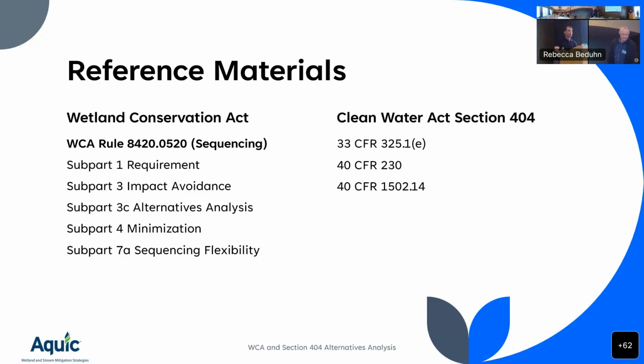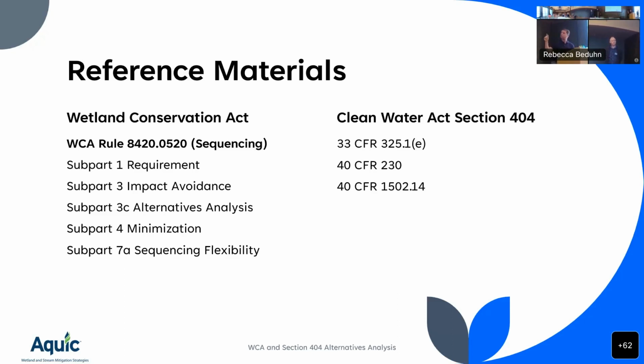If you go through the Corps Department of the Army regulations, there are multiple sections, and you really have to tunnel into 33 CFR 325.1, which is processing of Department of the Army permits, where you find a lot of that information. But if you really want to get to the substantive standard for issuing permits, it's not in the Corps regs, it's in 40 CFR 230, which is the 404(b)(1) guidelines.